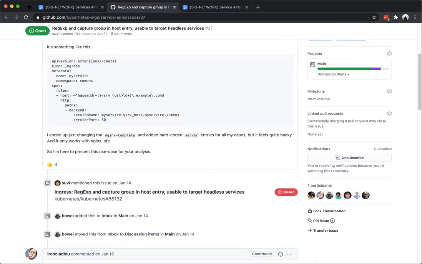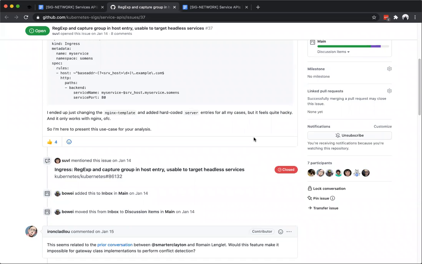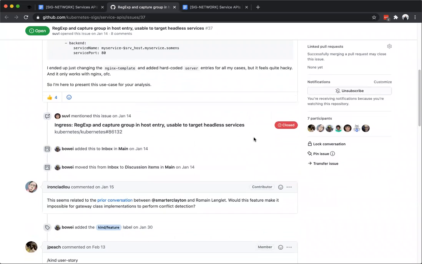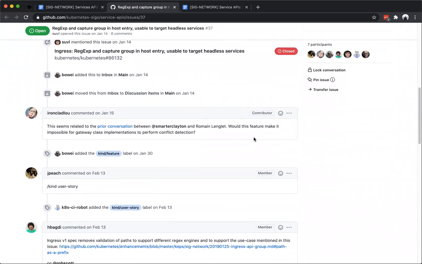Right now we don't have any validation on the host name field. So somebody in a custom API surface can probably do that, but we don't prevent it.